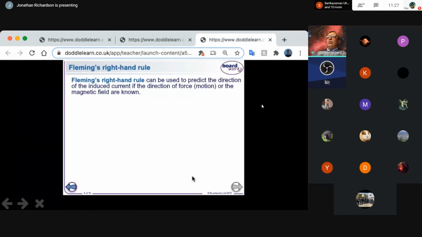Now you recall previously we talked about Fleming's left-hand rule. The left-hand rule shows you if I have a current flowing through the second finger, a magnetic field flowing through the first finger, so I place a current carrying conductor inside a magnetic field, I get a motion that could be displayed by this thumb.